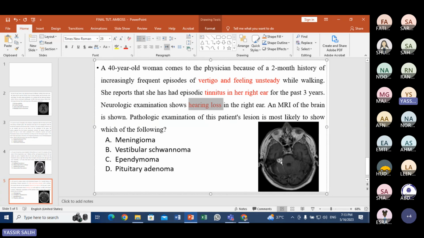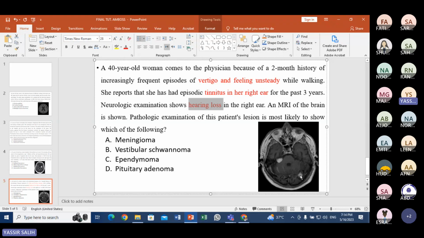How to describe this? Where is this lesion? Yes. What is this examination? Is this CT or MRI? MRI. T1 or T2 or another sequence? T2. Why T2?